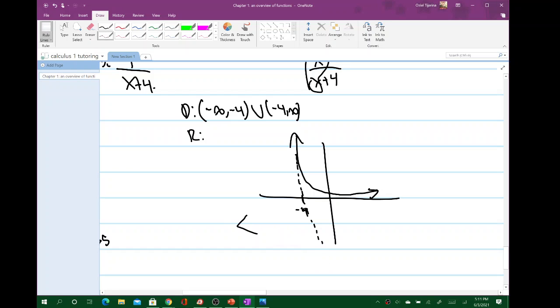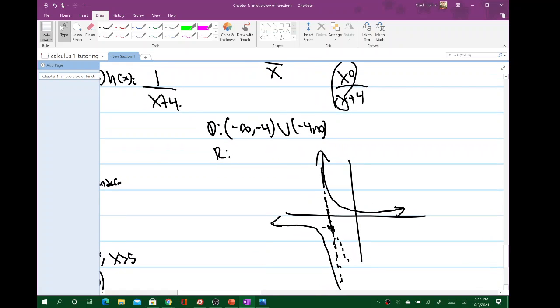Let me actually draw the curve a little bit better. This is the vertical asymptote, and the horizontal asymptote. I know it's not perfect. This is just a rough sketch, but you see that it's approaching 0.